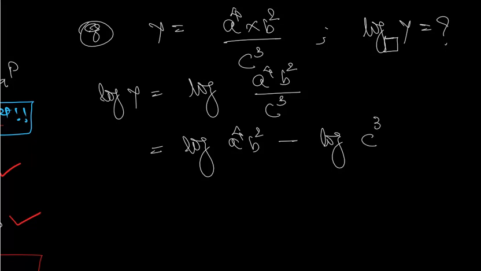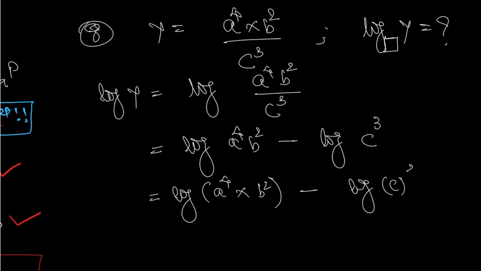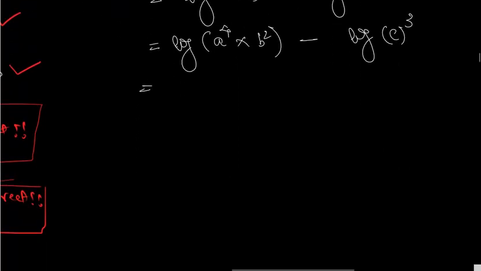Now this can also be simplified, right? So what do we have here? Log of a raised to 4 multiplied by b square. And what do we have here? Log of c cube. How can I simplify this? See, I will use the product law, the first law, log of m into n is equal to log of m plus log of n.